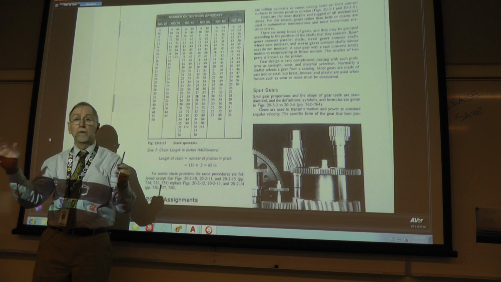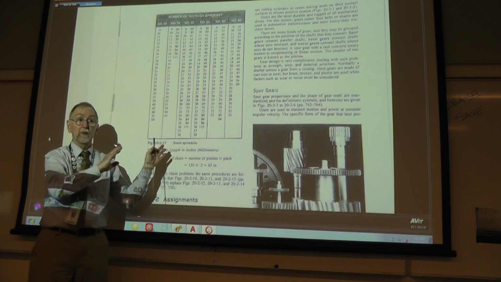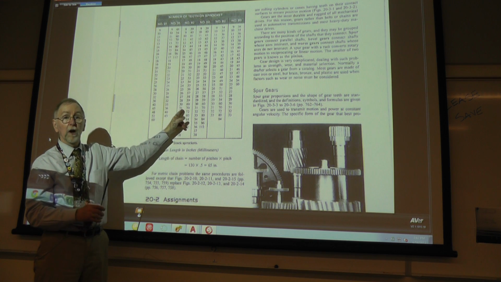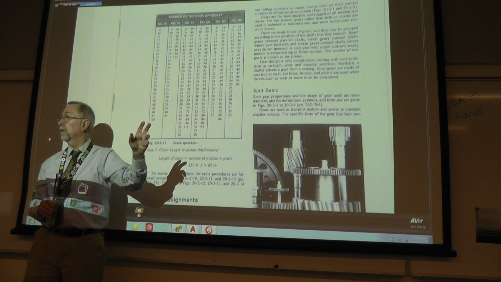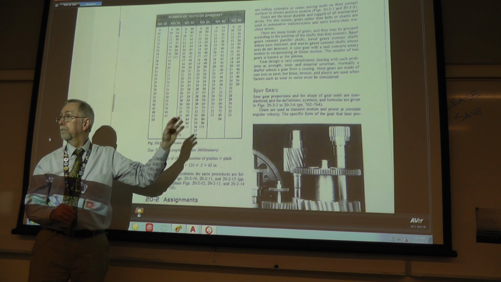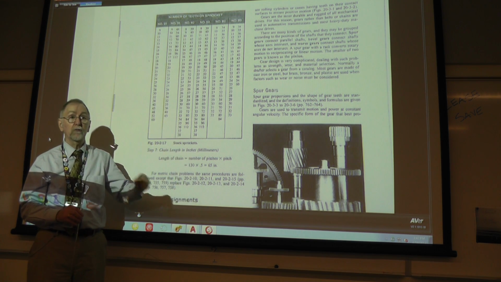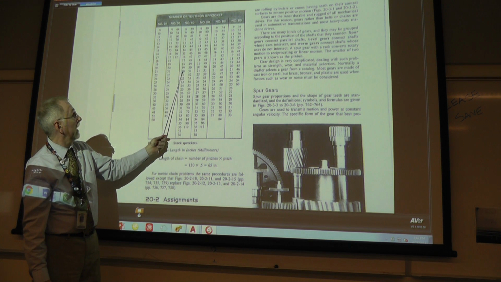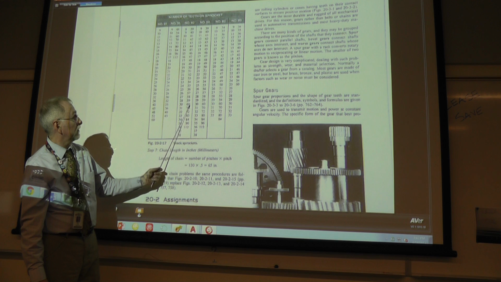There's no rule that if it's here, it needs to be over here. These are just the number of teeth that are commercially available. I could go find these at McMaster-Carr, or Bearings Inc., or Power Transmission, or something like that. We have 20, and we have 60, and we have 70.